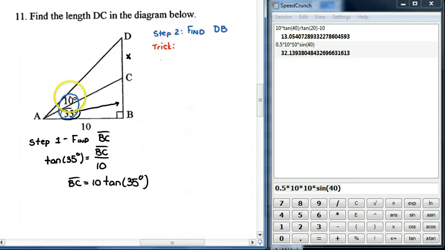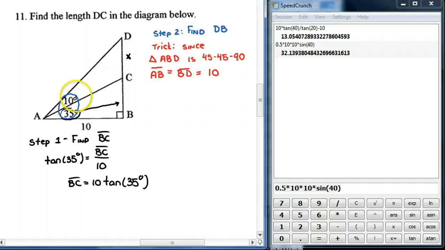What I notice right away is that if this is a 45-degree triangle and the length AB is 10, that means the length DB should be 10, since triangle ABD is a 45, 45, 90, that means AB is equal to BD, and they're both equal to 10 units.